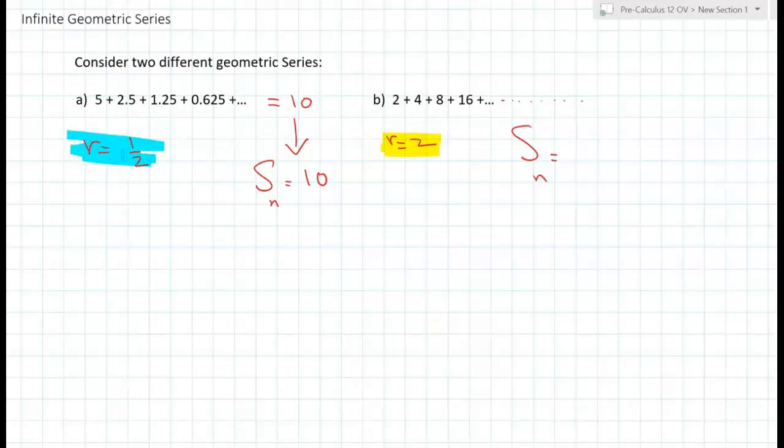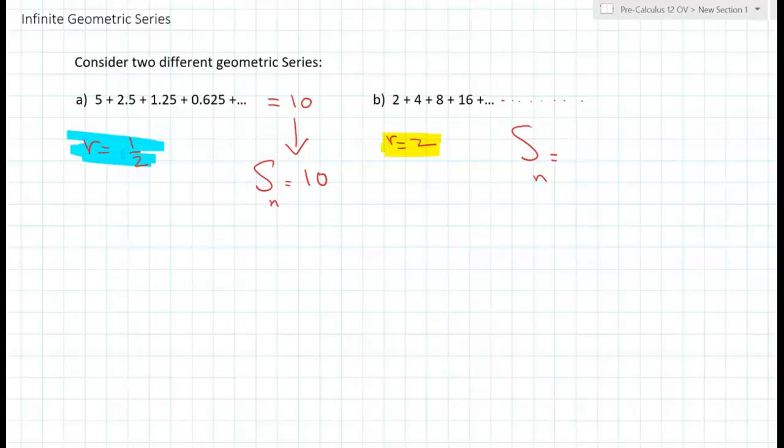R equal to half makes each succeeding term of a geometric series smaller than the term before. That means it comes closer and closer to 0 at the end of the series. But when R, the common ratio, is bigger, you will always get a larger succeeding term than the term before.